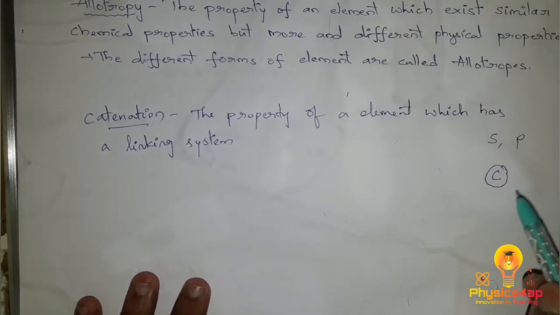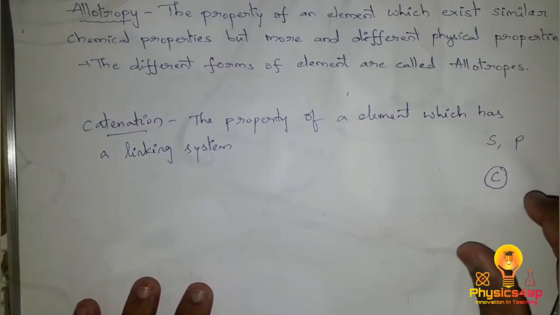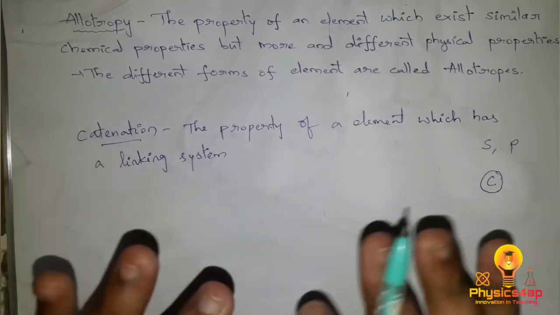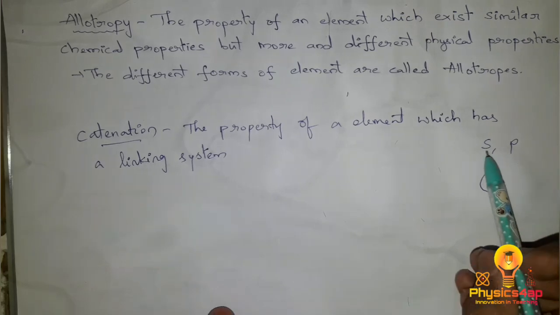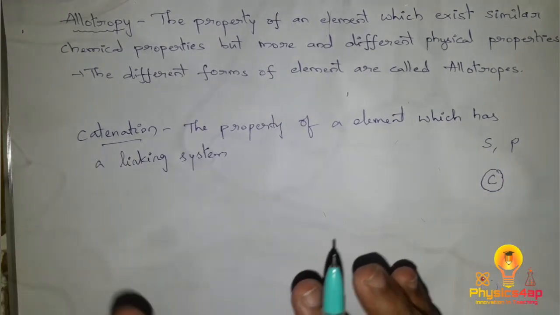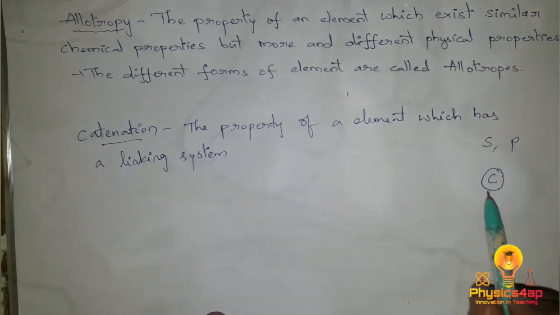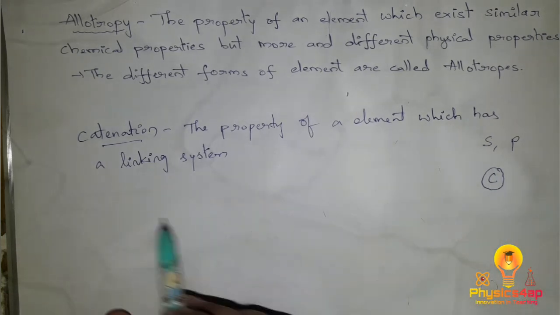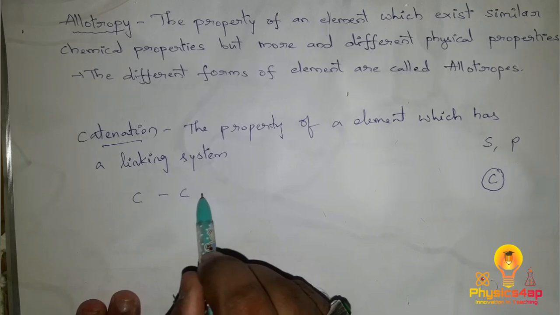Carbon is the only element which can perform catenation with the longest chain system. Sulfur and phosphorus can also perform catenation, but they cannot form longer chains. Carbon can form chains of up to 60, 70 or 80 carbons, a single chain system like this.